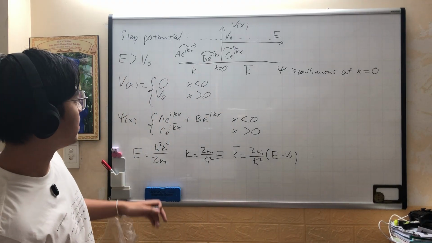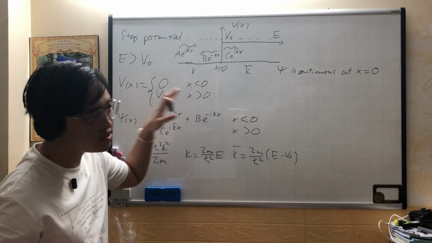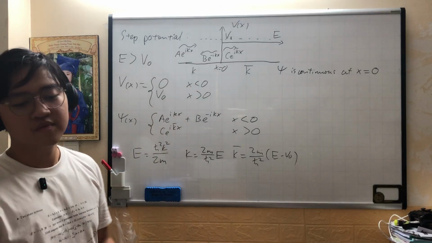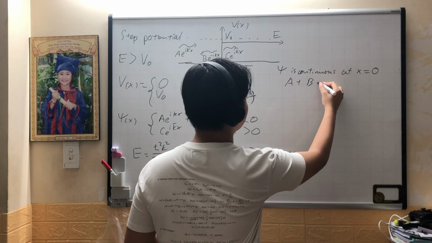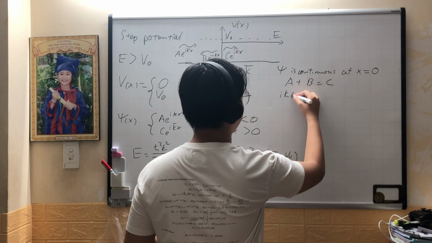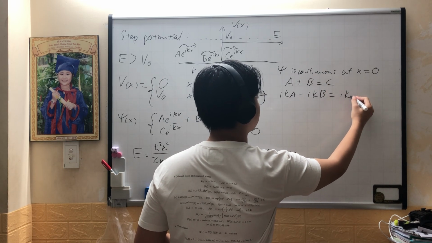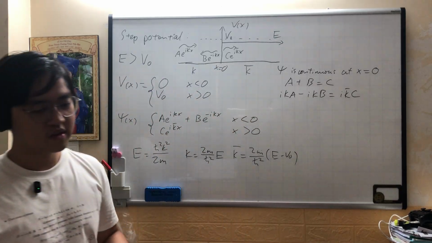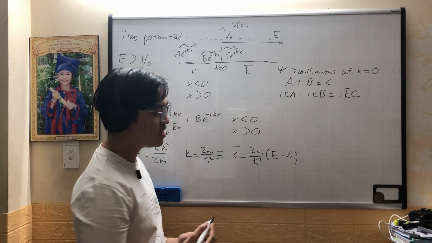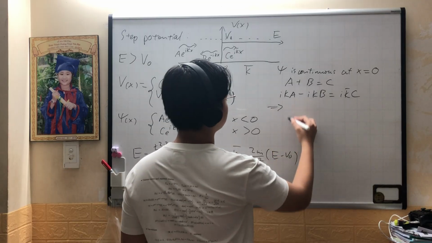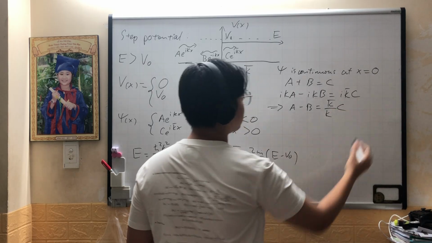That would mean that your wave function and its derivative have to be equal to each other in the two regions. So it's gonna be A plus B equal to C, and ikA minus ikB equal to ik tilde C, which you can rearrange and say that A minus B is equal to k tilde over k times C.